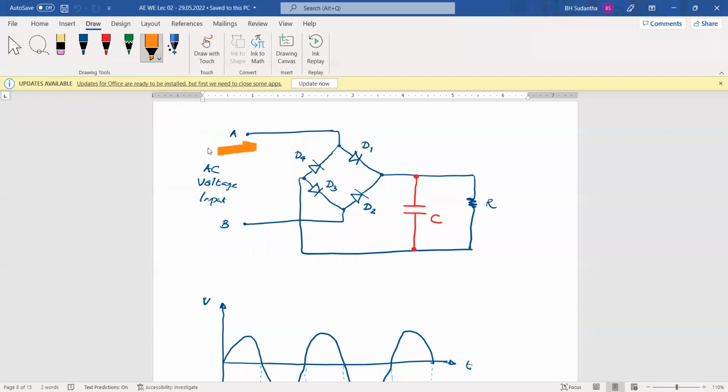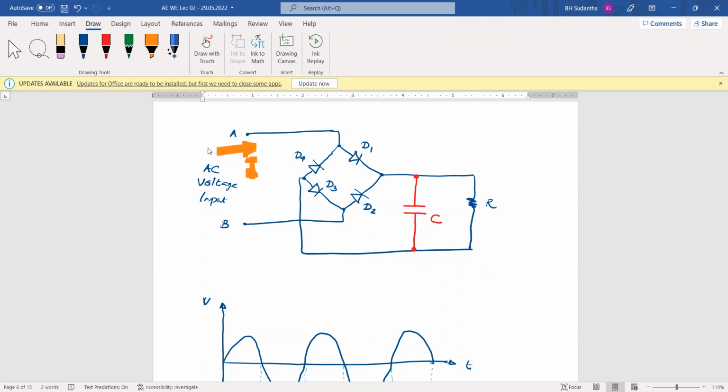This side we have to provide current. That current should be sufficient to supply this resistor load and the capacitor. If the current is not sufficient to provide both the capacitor charge and the load current at the same time, the input side will be damaged.